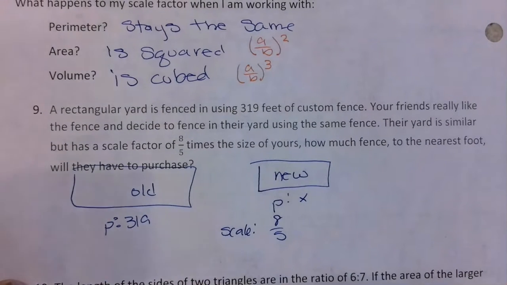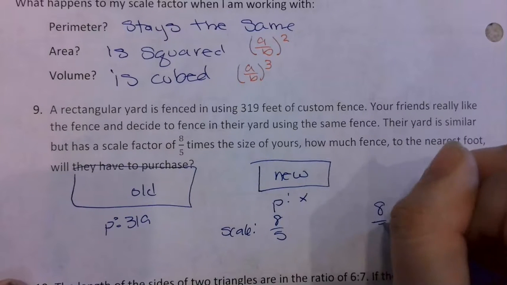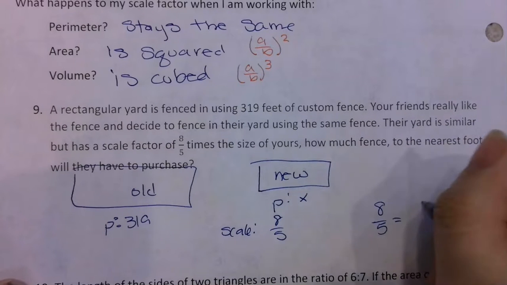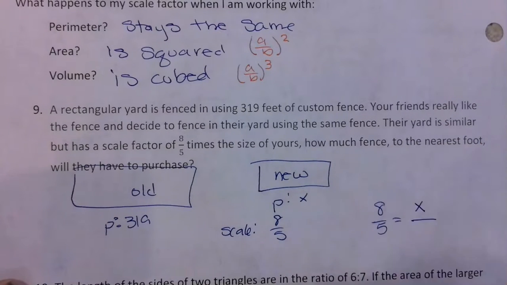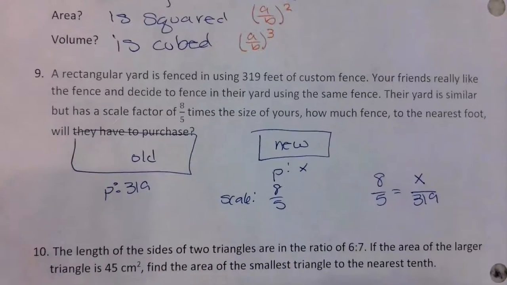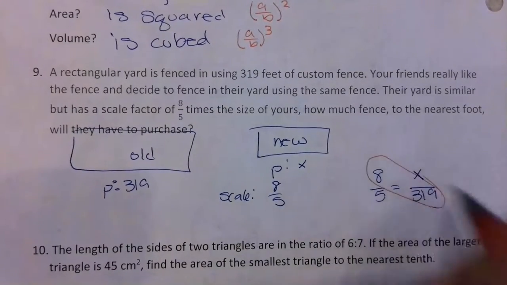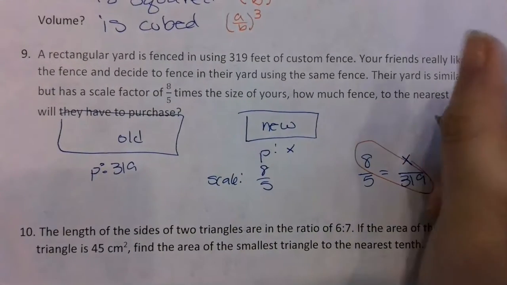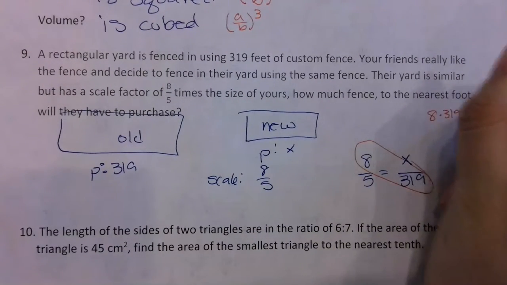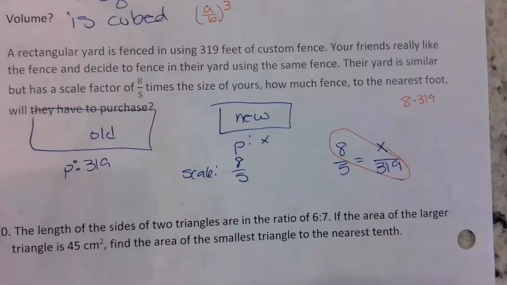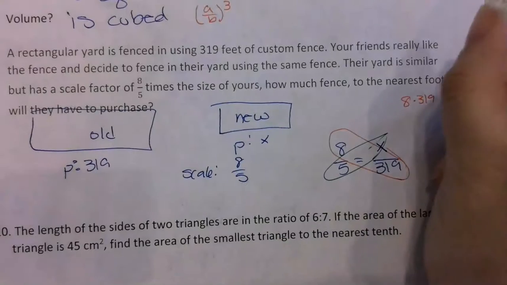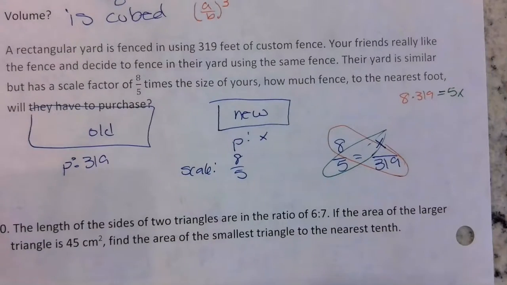So what I'm going to do is I'm going to set this up. I have 8/5 equals, I don't know the size of theirs, but I do know the size of mine is 319. So I am going to cross multiply. I have 8 times 319 equals 5x.